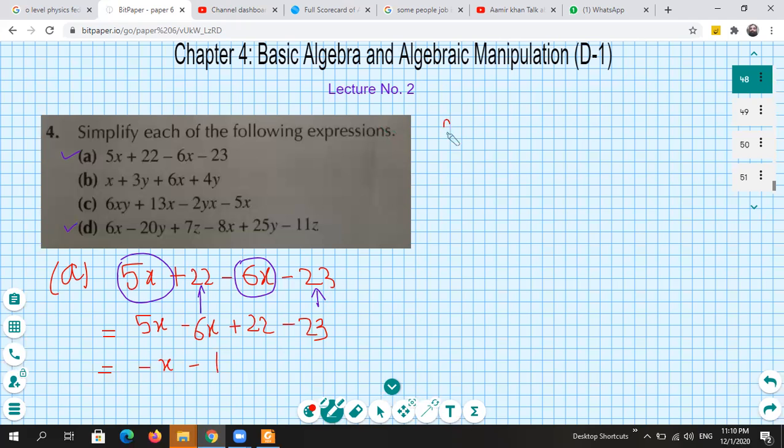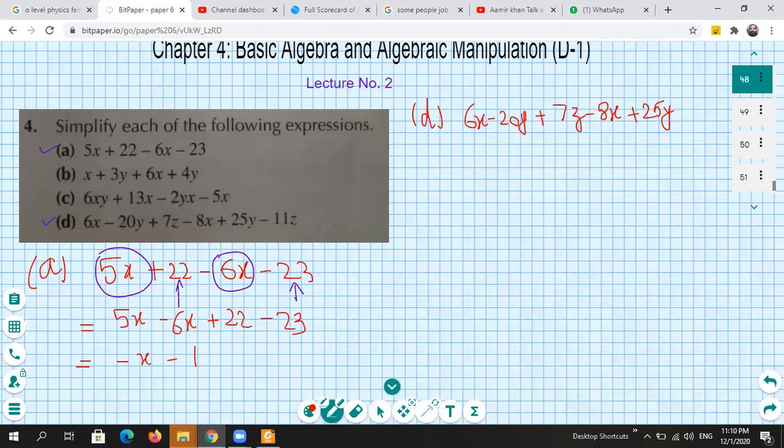Similarly, in part D, we have another expression: 6x minus 20y plus 7z minus 8x plus 25y and minus 11z. So again, we have like terms like 6x and 8x.